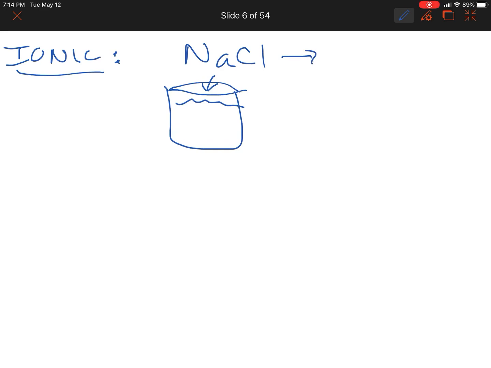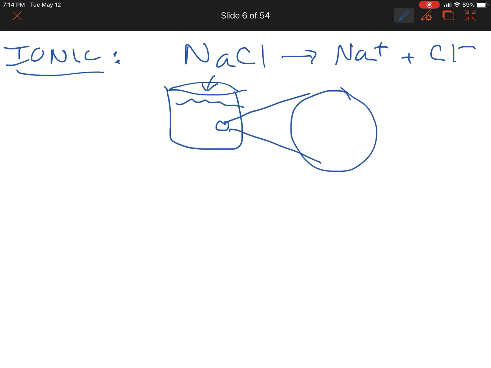It's going to break apart into Na+ and Cl-. It's going to break apart into its ions. If we took a snapshot of it, look at me, this is a magnifier here, we'd have Na+ and Cl- moving around here.